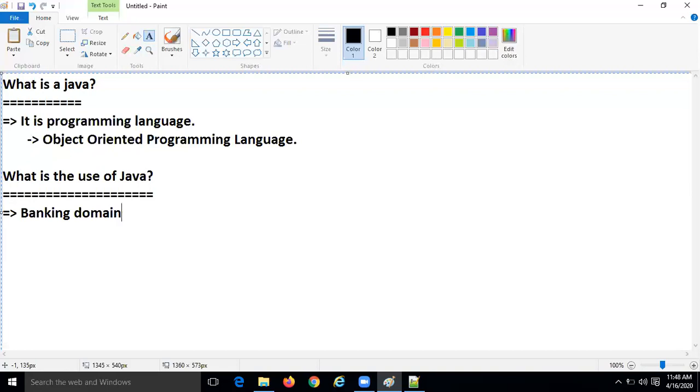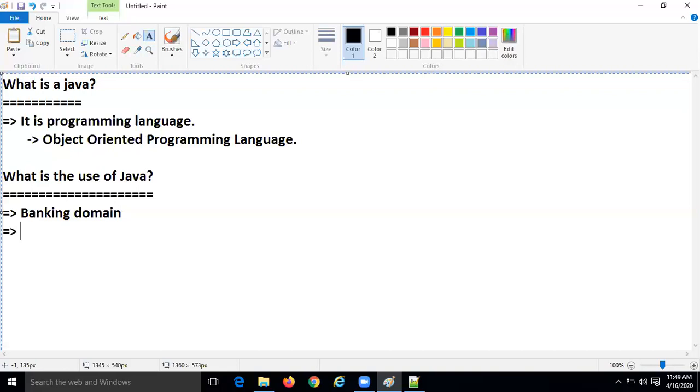So these are all using software. Okay, so that software is developed in many technologies, but wherever you require security, there only they are using Java. Okay, right. So Java is used in banking domain, like banking projects.